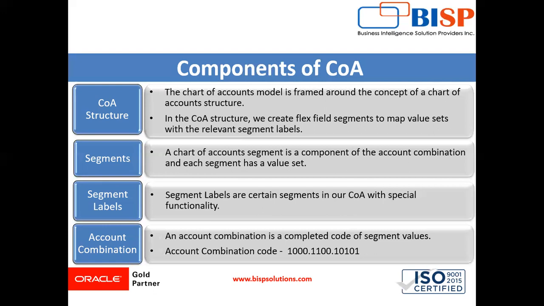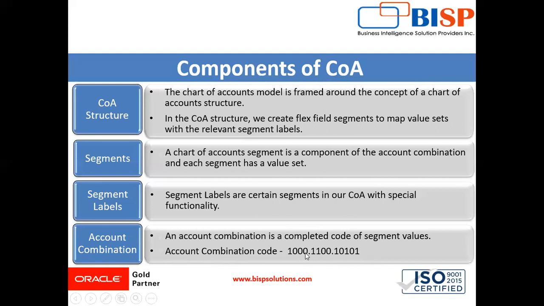And the account combination. An account combination is the completed code of segment values so that you can uniquely identify an account in the chart of accounts. You can see over here the account combination code, that is 101-1111-00100101.